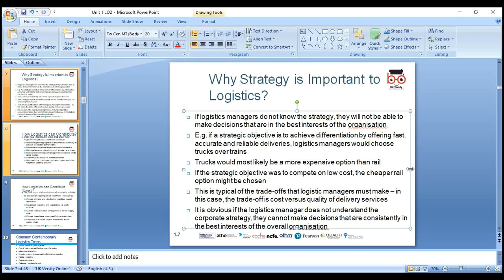If the strategic objective was to compete on low cost, a cheaper rail option might be chosen. This is a typical trade-off that logistics managers must make, in this case the trade-off of cost versus quality. If you have low cost, maybe low quality; maybe high cost is high quality.